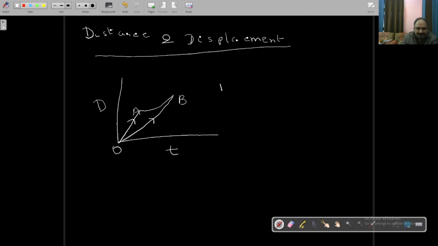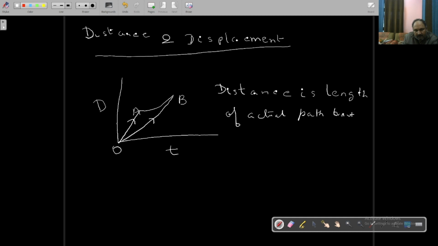Now distance is the length of the actual path traveled by the particle.